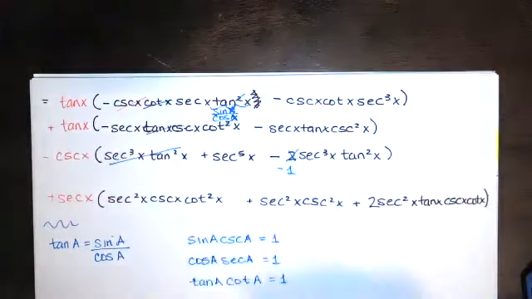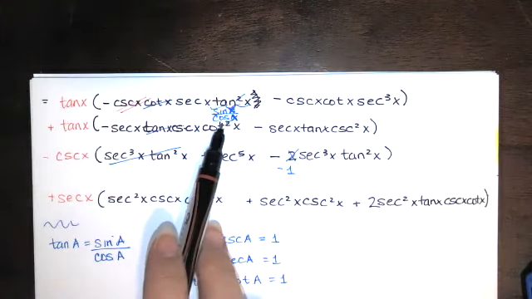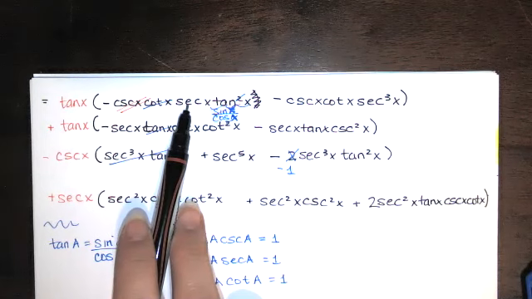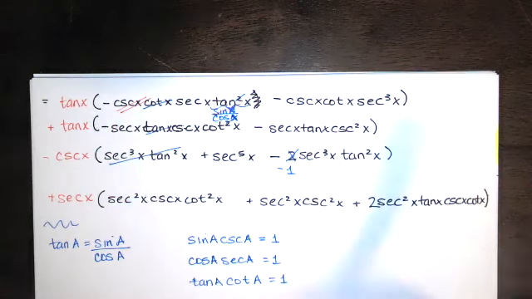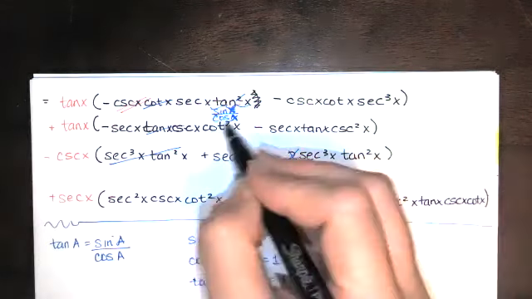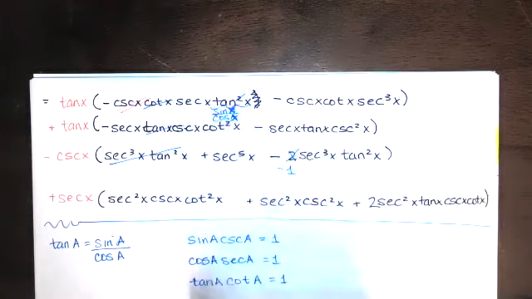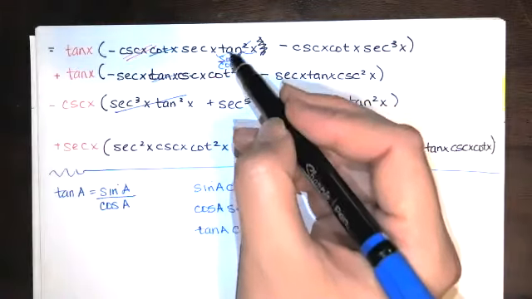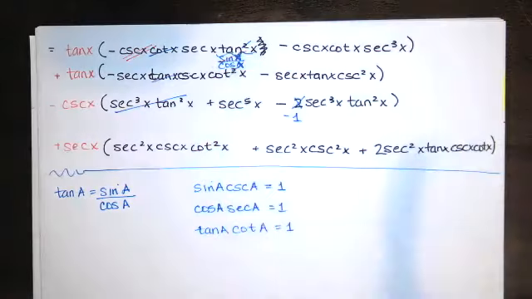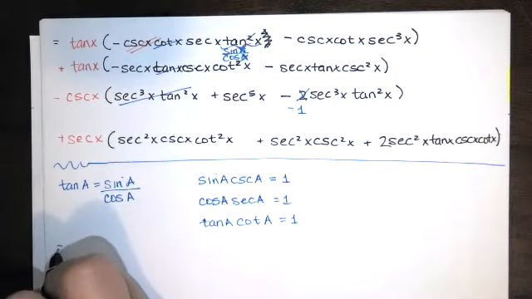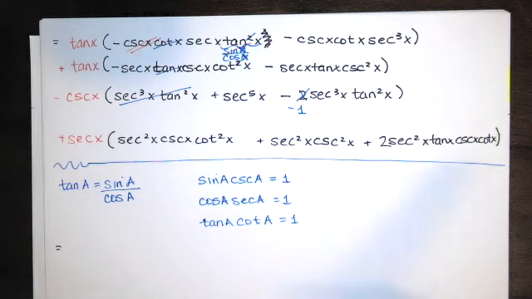When they multiply, that's just going to give me a 1. And then I've got a cosine in the denominator here and a secant here. So that's actually 1 over cosine times secant. 1 over cosine is the same as secant. So it's a secant times a secant. So what we actually have there is this red tangent from the outside. It's still there. We haven't done anything with it.